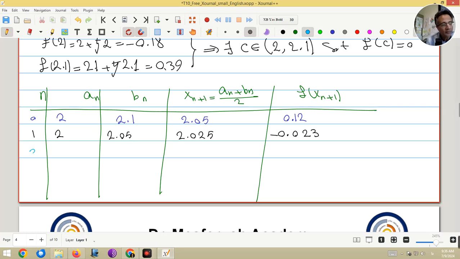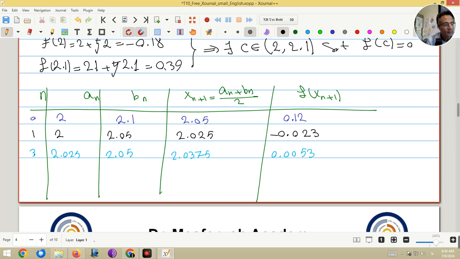So in the next iteration, I put 2.025 and we keep 2.05. The middle is 2.0375, and the value of f at this point is 0.0053. Positive, negative, so I should replace this one with this one.